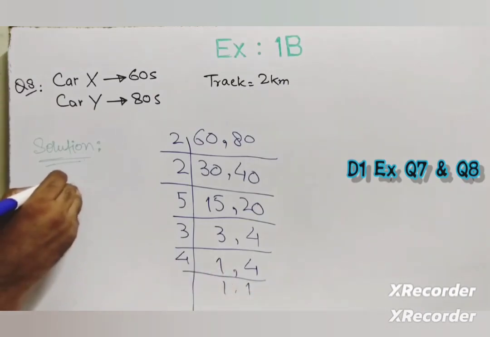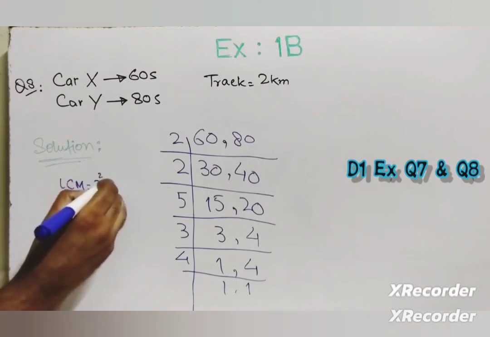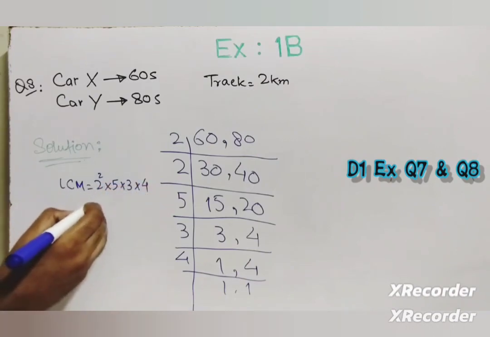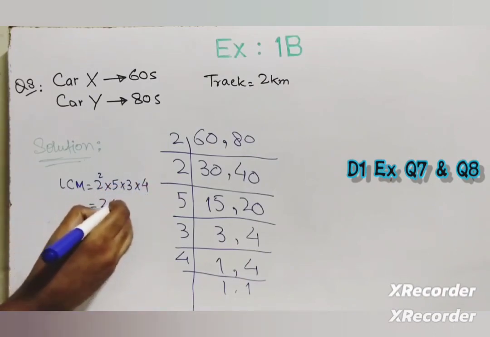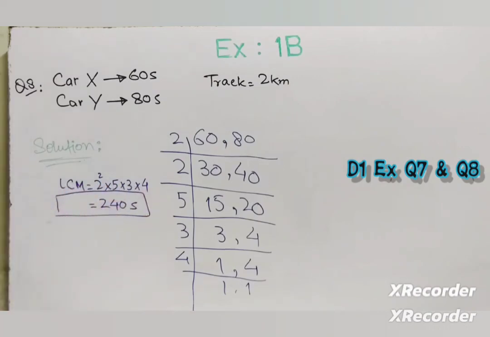So what is the LCM of these numbers? LCM is equal to 2 square multiplied by 5 multiplied by 3 multiplied by 4. By solving this we get the answer of 240 seconds. It means in 240 seconds both the cars meet at the starting point.